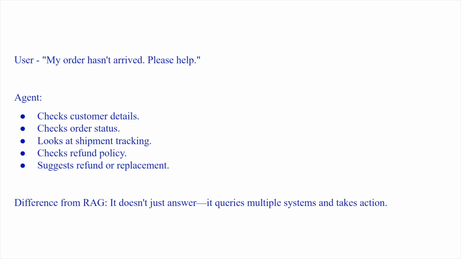So it is different from generative AI. It does not just answer, "Sorry, your order has not arrived." Rather, it does multiple steps to check the order, whether you are the correct customer, and the tracking status, and then it also takes the decision whether to replace or refund.